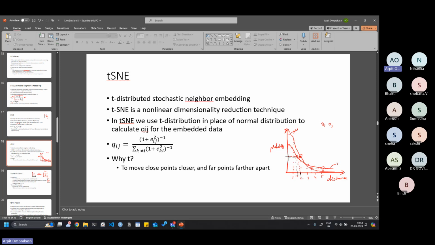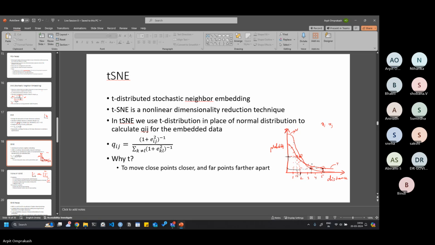However, let's say we had a value of 3.5 in our original higher dimensional space. 3.5 gets mapped onto this value by the normal distribution, which then gets mapped onto this value by the t distribution, which is 5. So basically, if the points are farther apart, we are pushing them apart. If they're closer together, we are pulling them together.